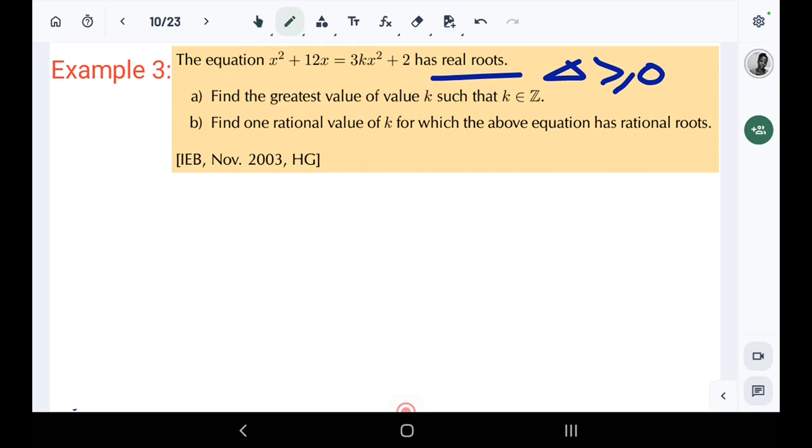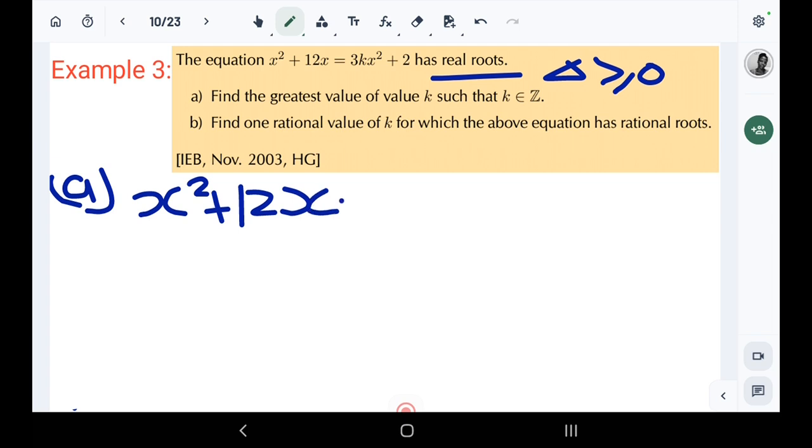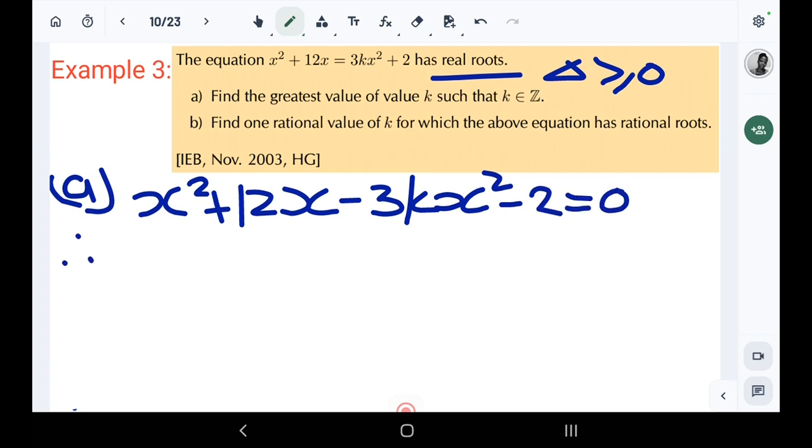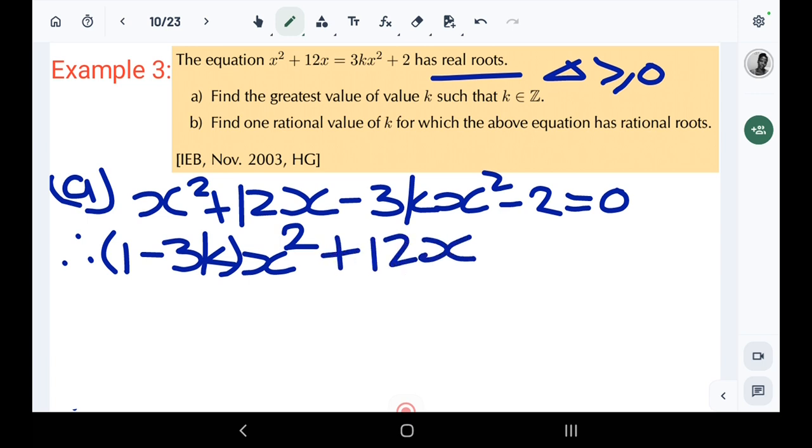So we go, therefore, x squared plus 12x minus 3kx squared, taking everything to the left-hand side, minus 2 equals 0. Therefore, let's put all the x squared together, x squared and minus 3kx squared, so that is 1 minus 3k, all times x squared, then plus 12x minus 2.